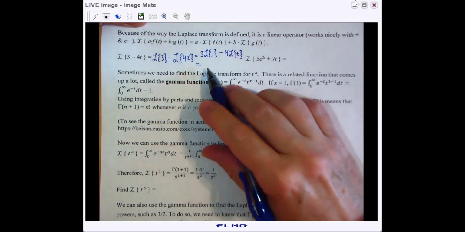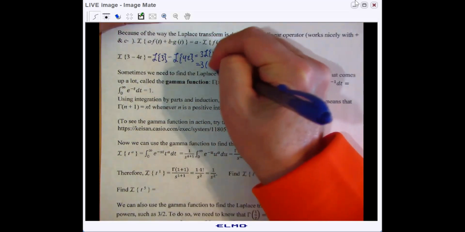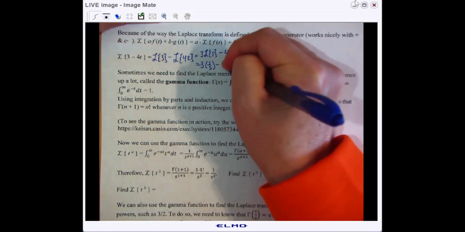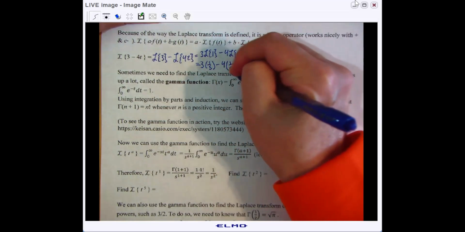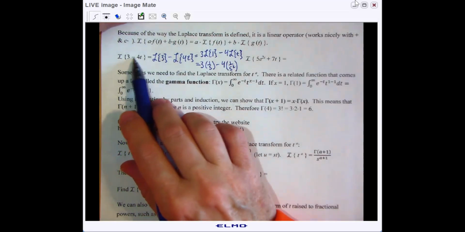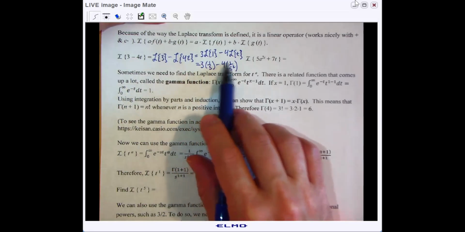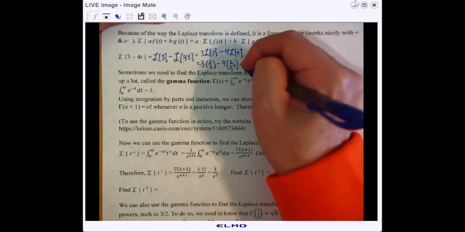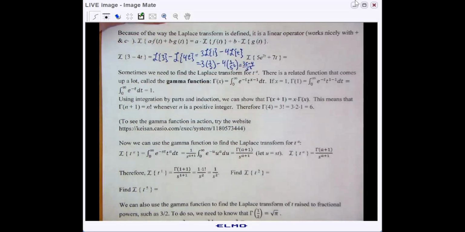And we've just done in the last video that the Laplace transform of 1 is 1 over s, and the Laplace transform for t is 1 over s squared. So the Laplace transform for the function 3 minus 4t is 3 over s minus 4 over s squared, which occasionally you'll see written as (3s minus 4) all over s squared, but it's the same thing.